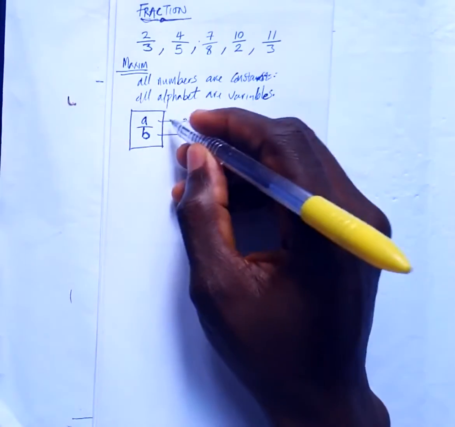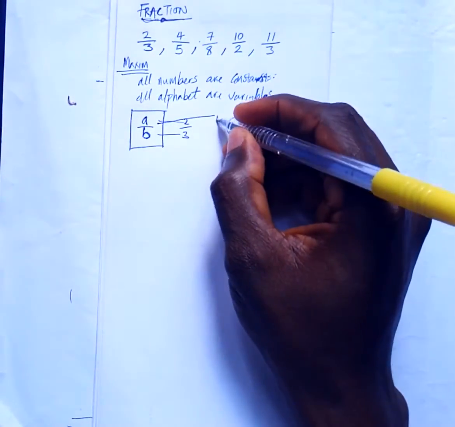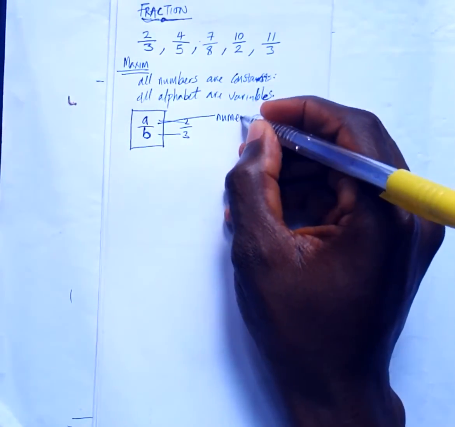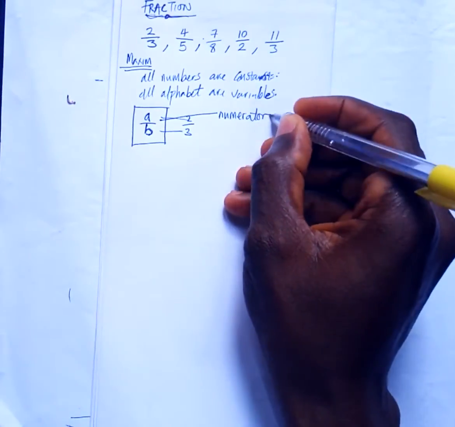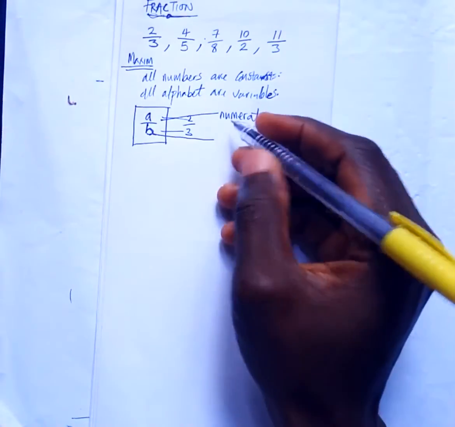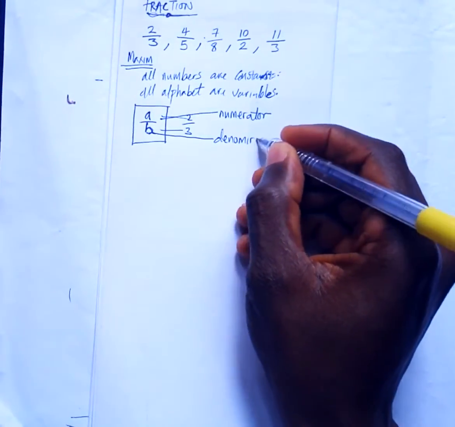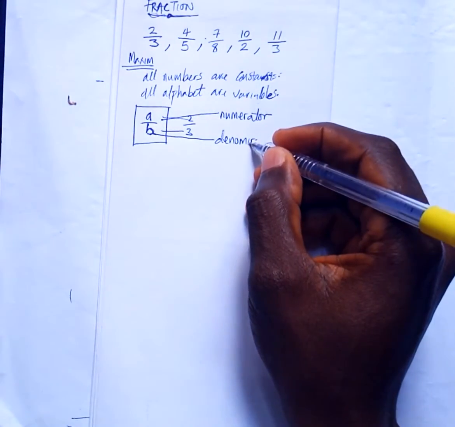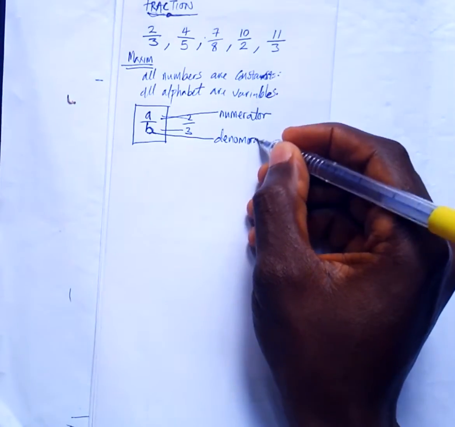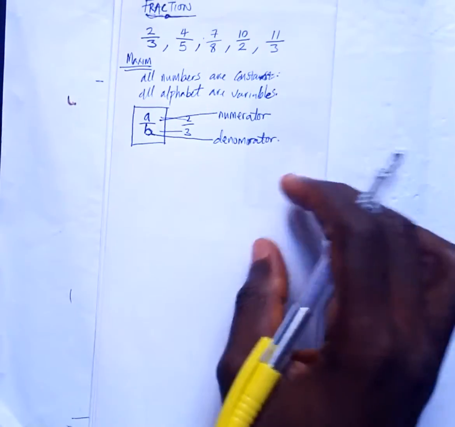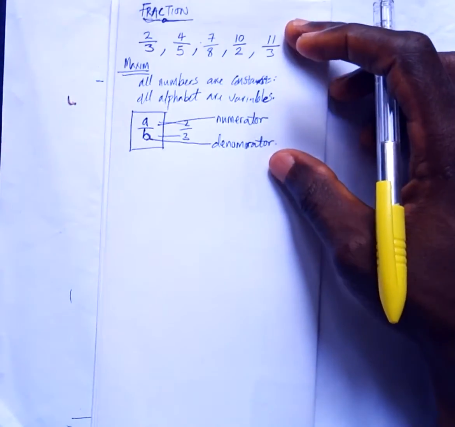Here, A we call the numerator, and B the denominator. So that is a fraction.